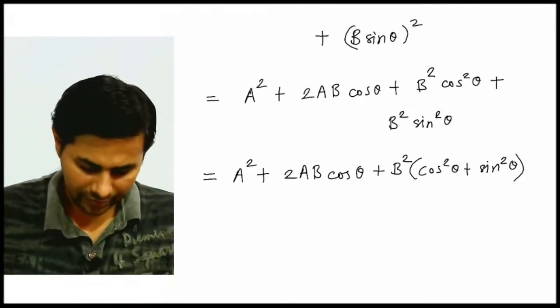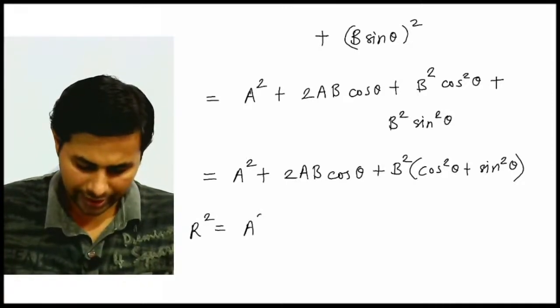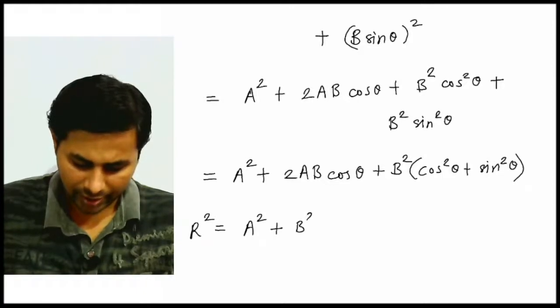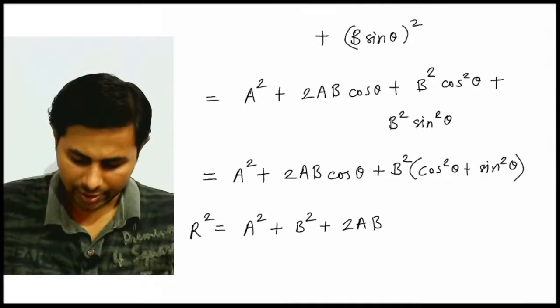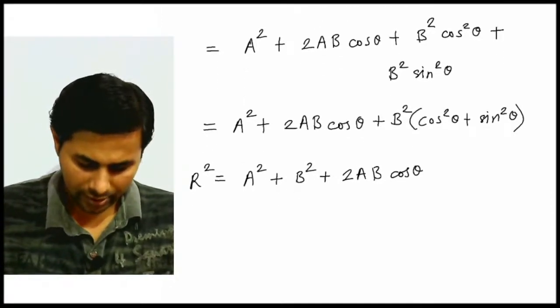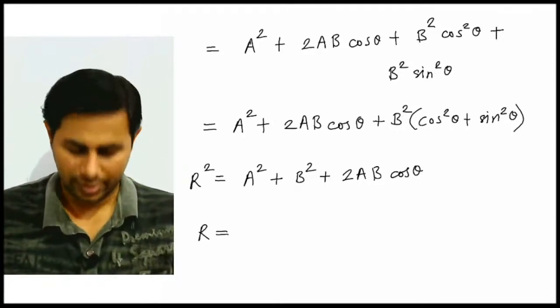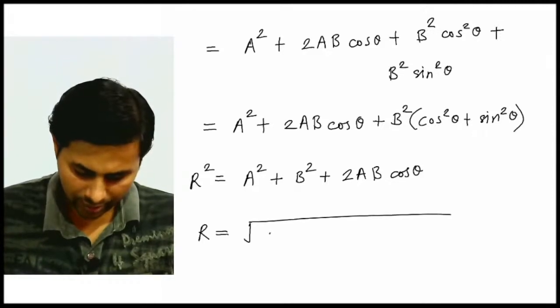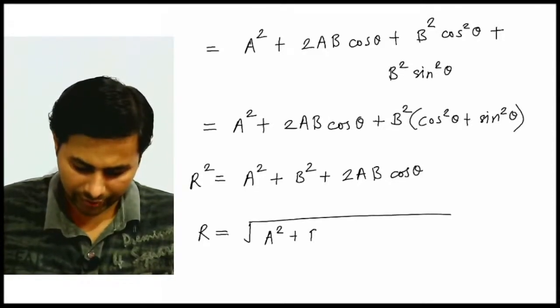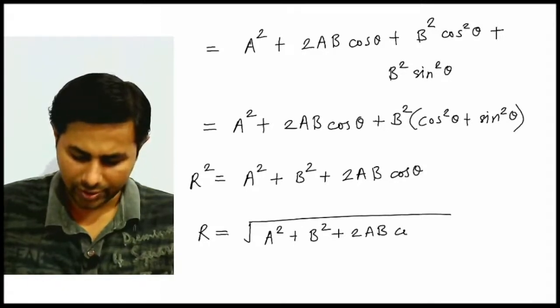So we can say that R squared equals A squared plus B squared plus 2AB cos of theta, and therefore R will be equal to the square root of A square plus B square plus 2AB cos of theta.